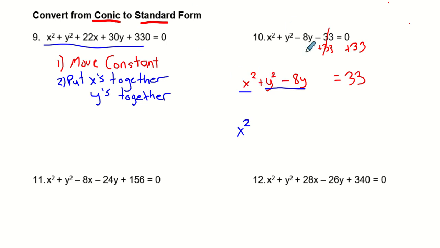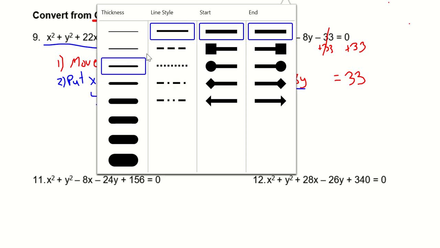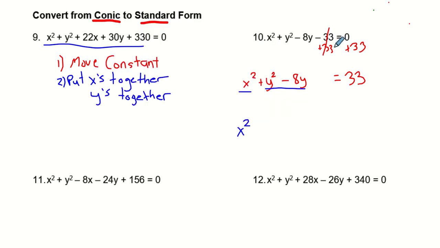What we're going to do now is complete the square. And you remember, that means you take this number, divide by 2, which is -4, and then you square that. Now here's what's very important.